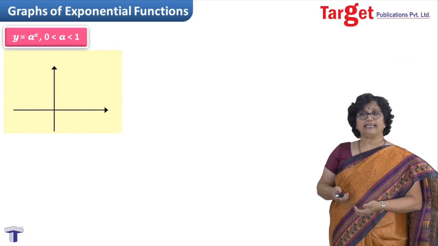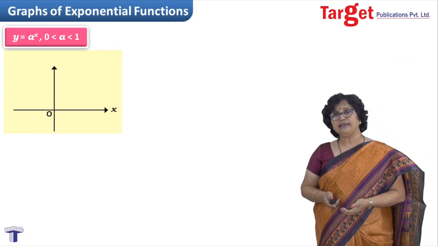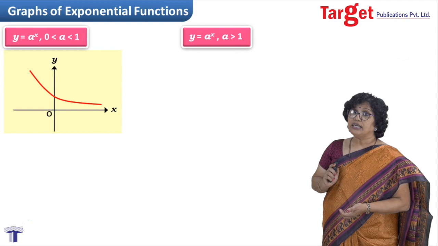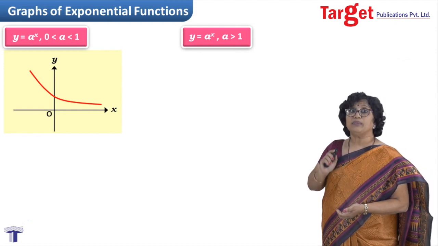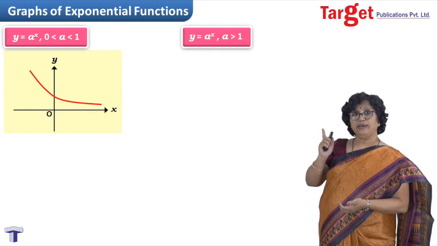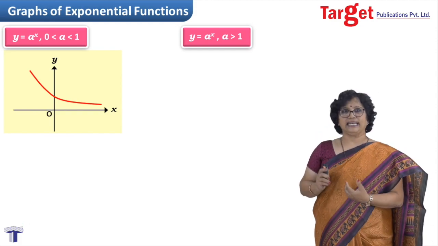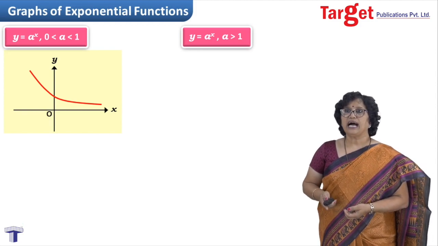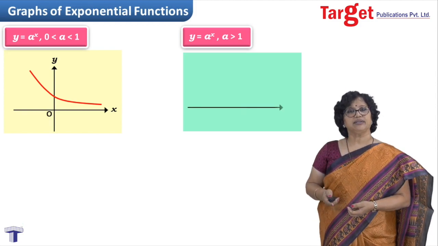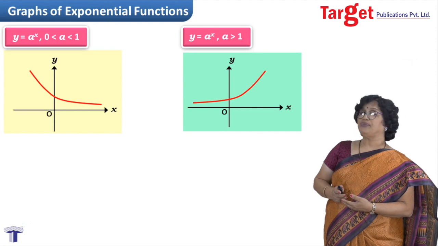Draw x-axis, y-axis, name them x, y, and see the graph. The graph starts from the second quadrant, from the top, and it comes down. This is what we are observing in the first graph. Let me take the second case, a greater than 1. Again, draw x-axis, y-axis, and see the graph.